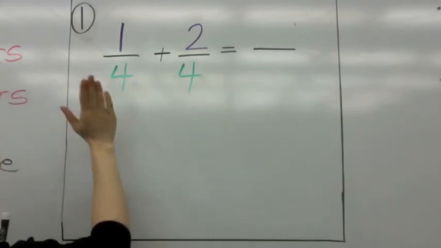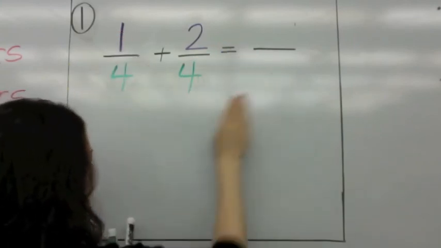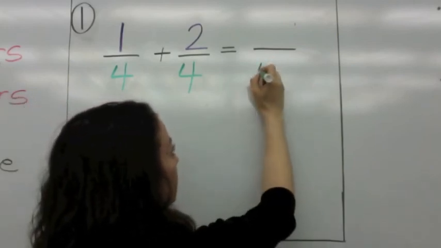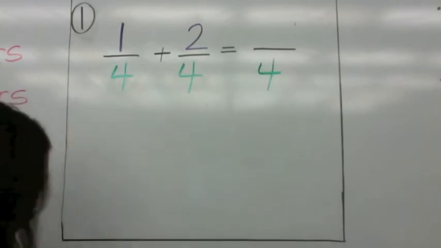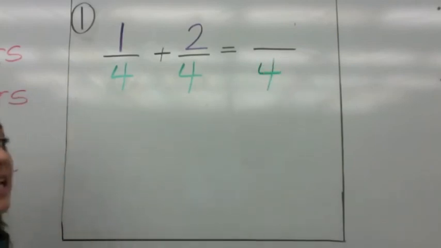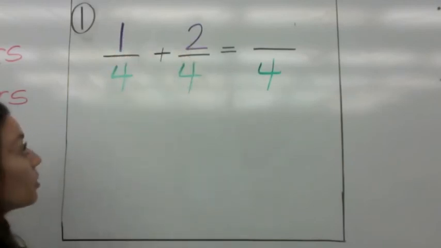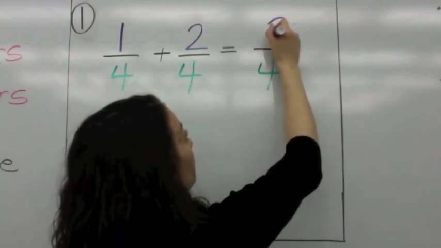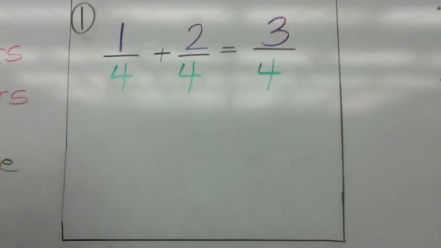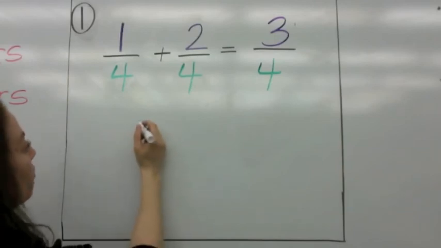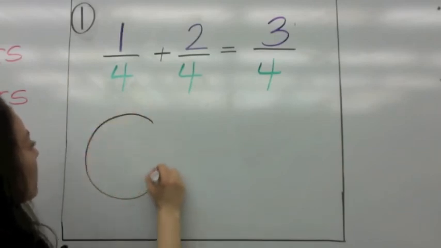Say it. Same, same, same. So it's going to be fourths. Okay? But we can add the shaded parts. 1 plus 2 is what? 1 plus 2 is 3. So let's draw and show how this is true. You are familiar with fourths because that was in your example, okay?